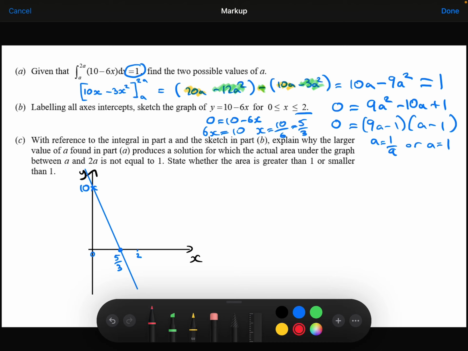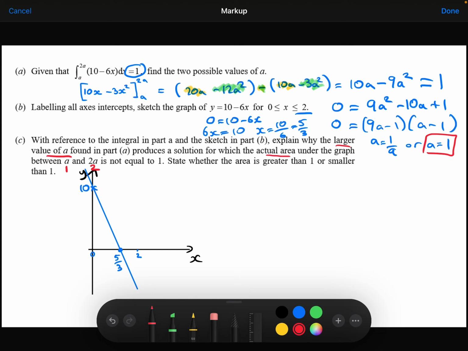Right, let me just reread that question again, and I'm going to underline some key parts. So with reference to the integral in part A and the sketch in part B, explain why the larger value of a, so that's the a is 1, that's the larger one, produces a solution in which the actual area under the graph between a and 2a, okay, so if a is 1, then we're talking about between 1 and 2, is not equal to 1.